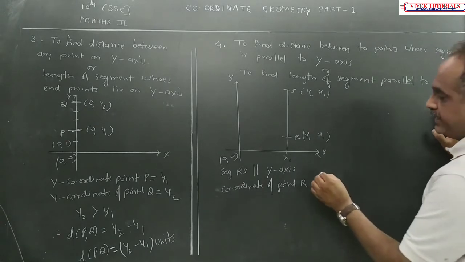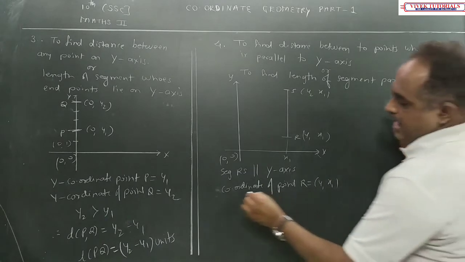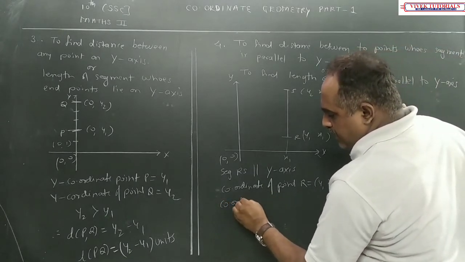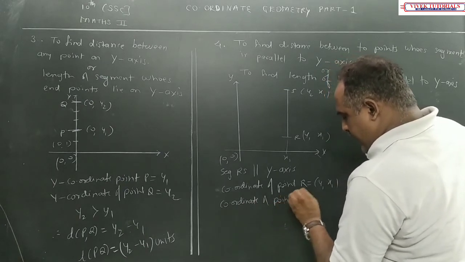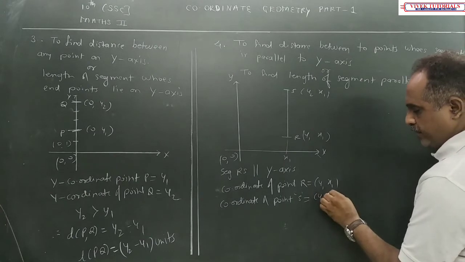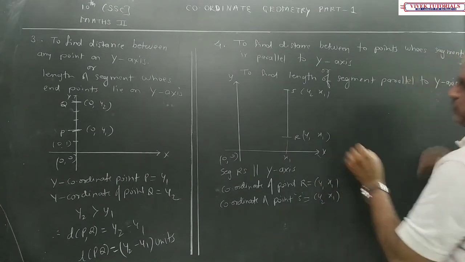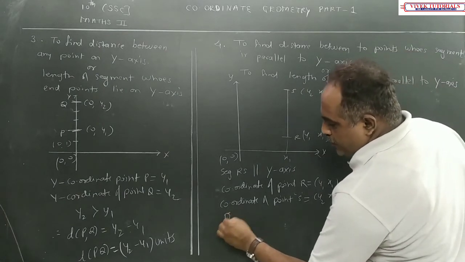Coordinate of point R is y1, x1, and coordinate of point S will be y2 and x1.